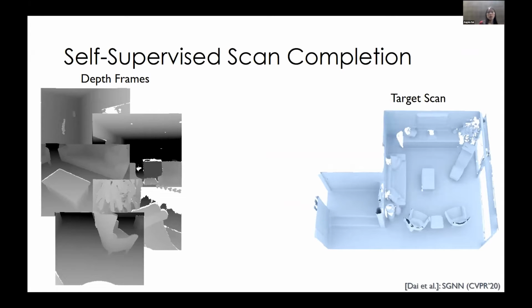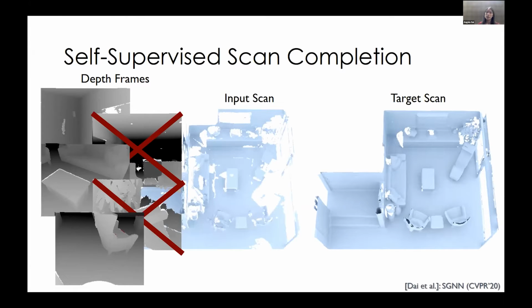And since they're composed of a set of depth frames, we can just remove some of them arbitrarily in order to create a less complete version of that particular scene. So we get this correlation between less complete and more complete in terms of the input and the target that tells us about how geometry could be produced in order to reconstruct a complete version of a scene.